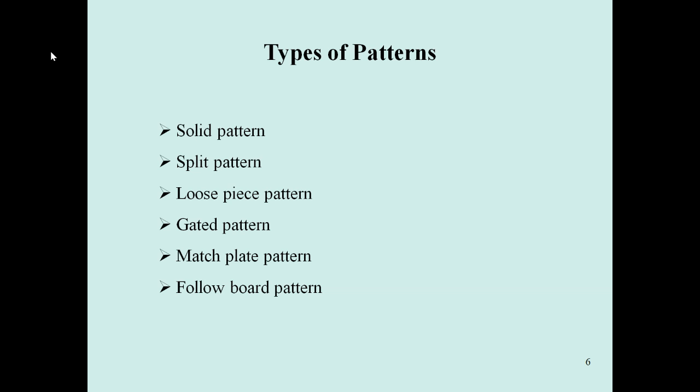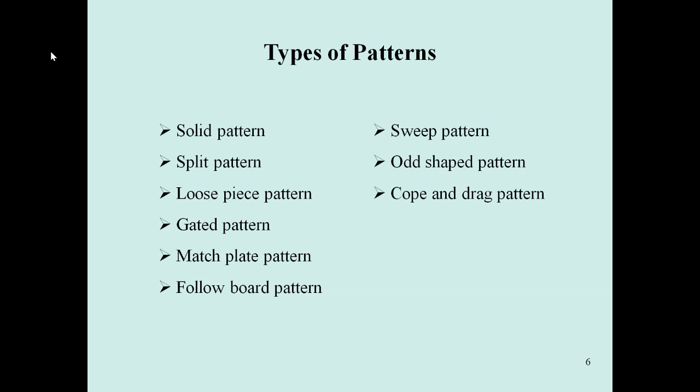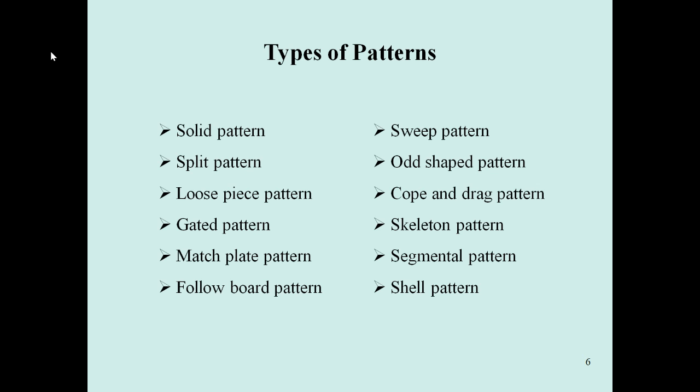Sixth, follow board pattern. Seventh, sweep pattern. Eighth, odd shaped pattern. Ninth, cope and drag pattern. Tenth, skeleton pattern. Eleventh, segmental pattern. And twelfth, shell pattern. So we have 12 types of patterns.